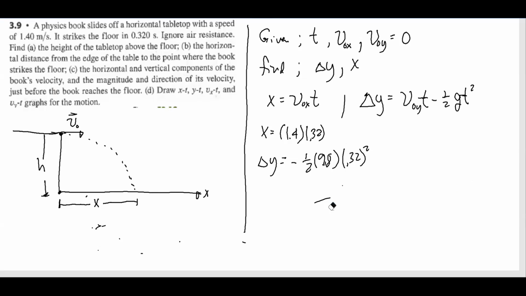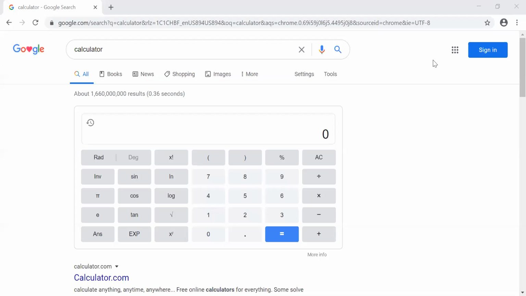What are those numbers? Let's go ahead and check it. So for the range, looks like we had 1.4 times 0.32 in meters, so 0.448 meters.